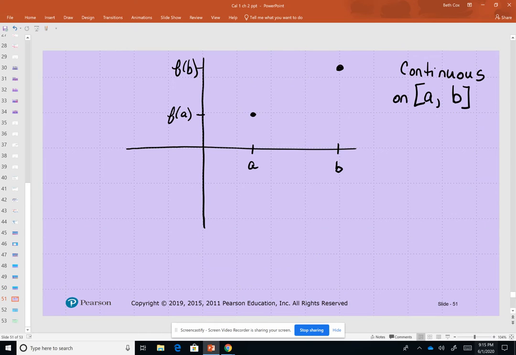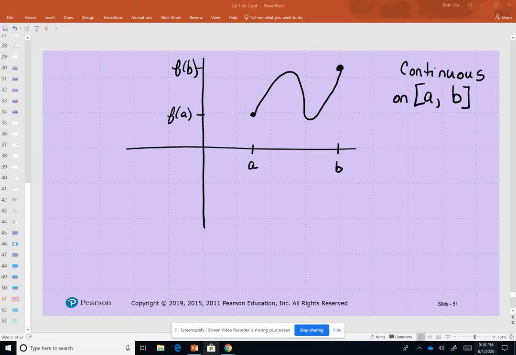Okay, so we've got a function, and this function has to be continuous on the interval from A to B. So that means it's a function, and it's continuous. All right, and so f of A is a y value, and f of B, of course, is a y value.